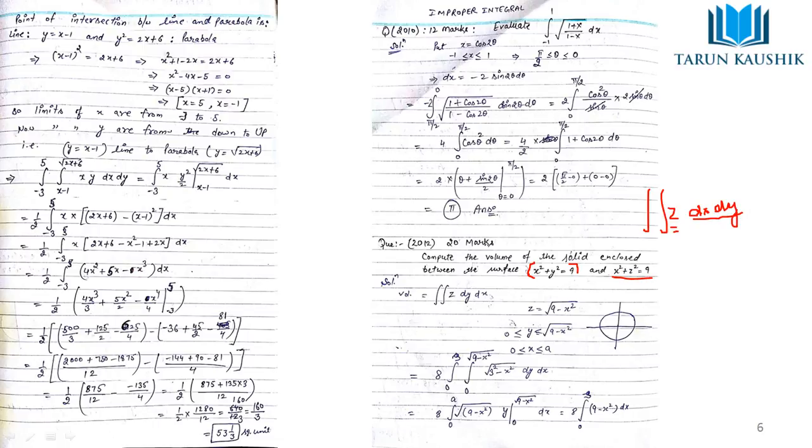So you are having the value of z, that is under the root 9 minus x square, dy dx. Now from the other equation, whichever is given, x square plus y square equal to 9, you can calculate the value of y, that is 9 minus x square, under the root. Okay, and again just put the value of y equals to 0, calculate the value of x, that is from x square equals to 9, then x will be from 0 to 3.